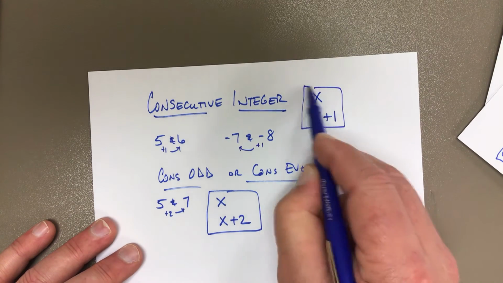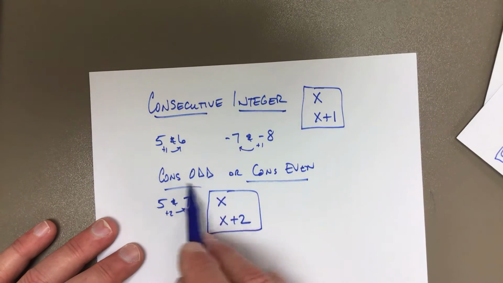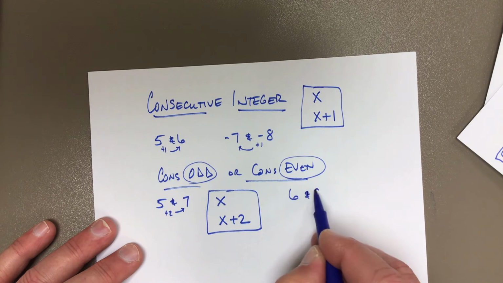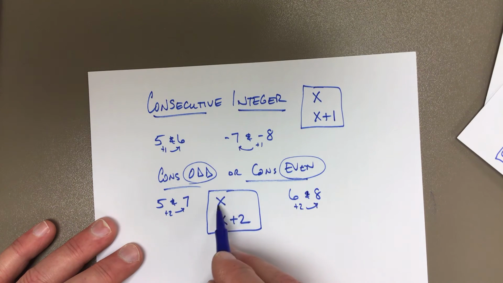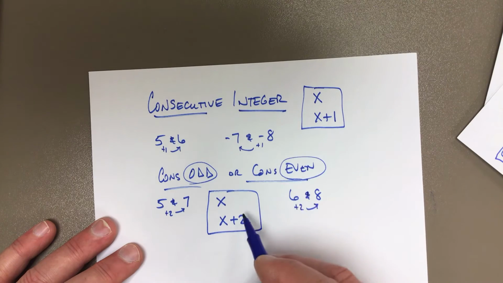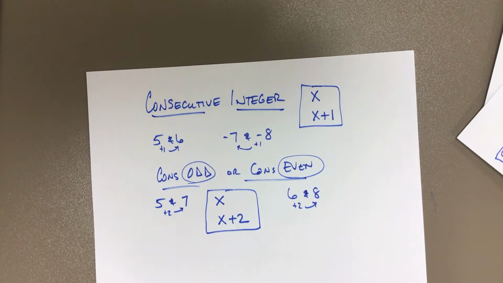So the consecutive integers are x and x plus 1. Whenever they throw in the words odd or even, again 6 and 8, we're going to add 2 to get 8. So this is the first one, and this is the second one. These are two things that you're going to have to remember, and then you have to read the question to see.